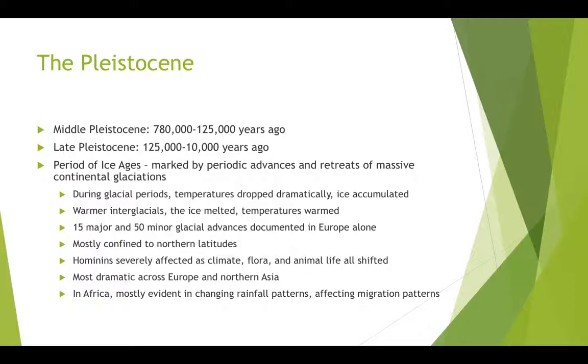At the periods where it was driest, where we've got the maximum range covered by the Sahara, we effectively cut off any migration from Central and South Africa into farther northern areas and on into Europe and the Middle East. So migration patterns can be very strongly affected even when we're not talking about an actual glacier moving on that continent.